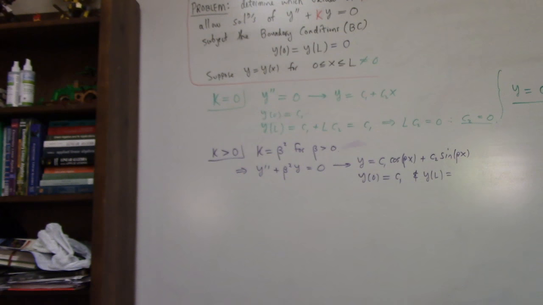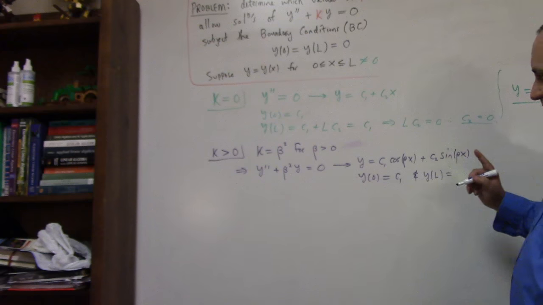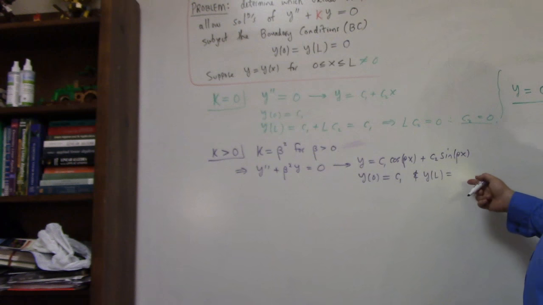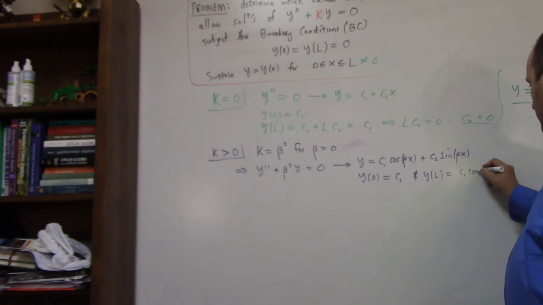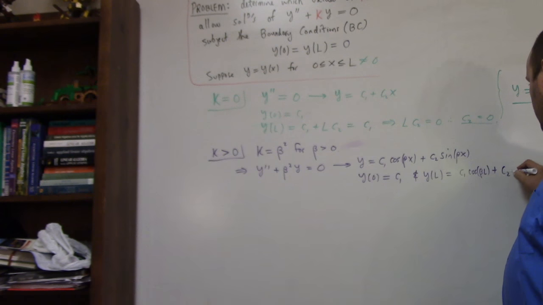If I don't assume, y of L will be what? It'd be C1 cosine beta L, right? Plus C2 sine of beta L.